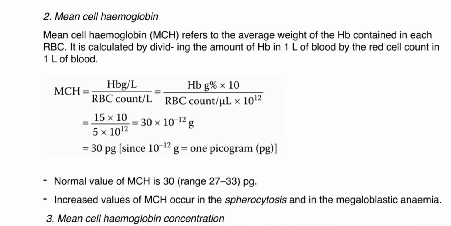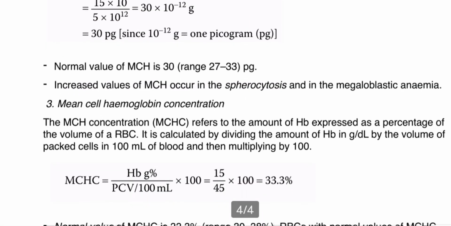On dividing this, we'll get the answer 30 into 10 raised to minus 12 gram. That is 30 pg. It is the unit for 10 raised to minus 12. So normal value of MCH, that is mean cell hemoglobin, is 30 and it ranges from 27 to 33 pg.